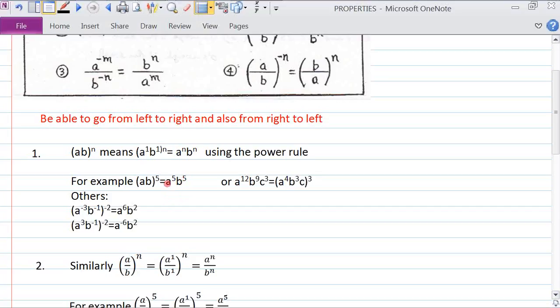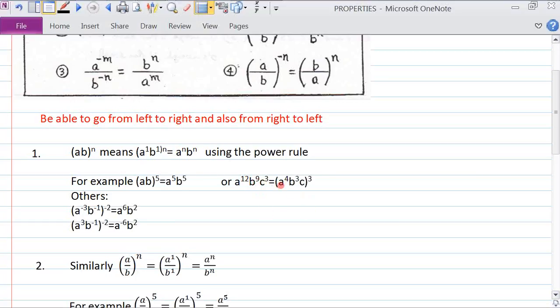So I should be able to go from this expression to that expression, or take this expression and write that. It'll depend on the situation, but you should be able to go from the left to the right and from the right to the left. Here's an example. Supposing I had a to the 12th, b to the 9, c to the 3.